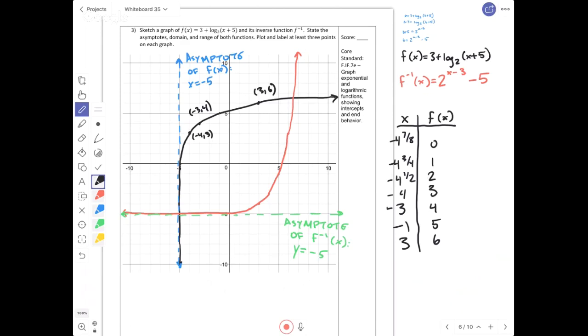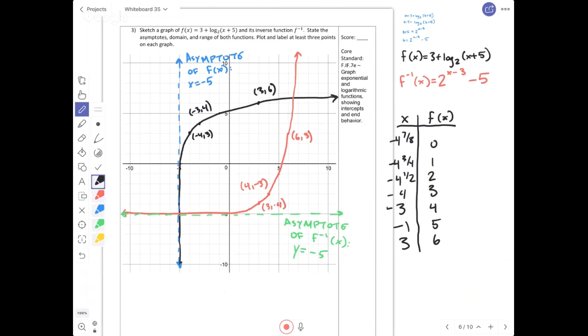That looks nice. And then on the graph here, I'm plotting 3, negative 4. And I'm plotting 4, negative 3. And I'm plotting 6, 3. Great.